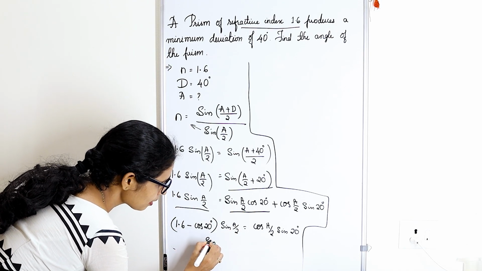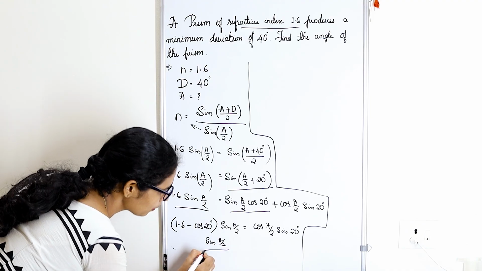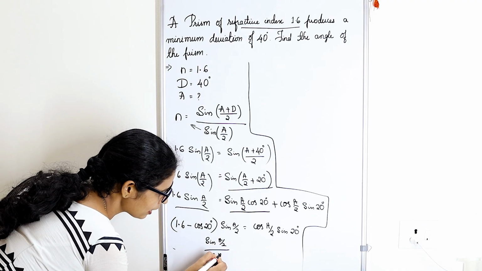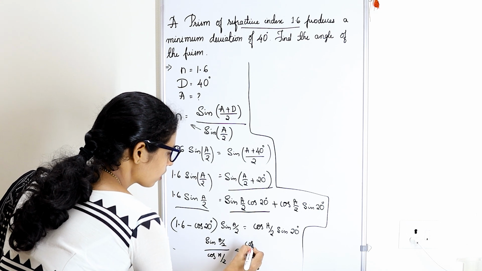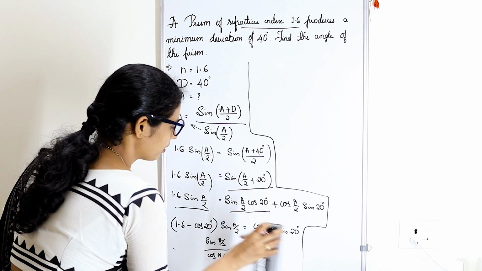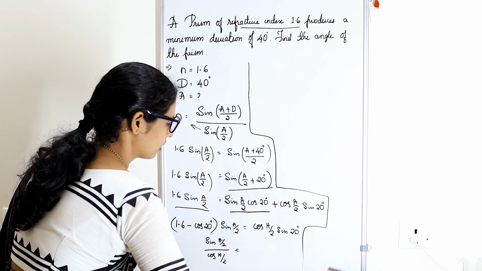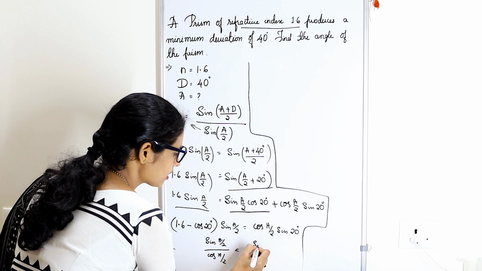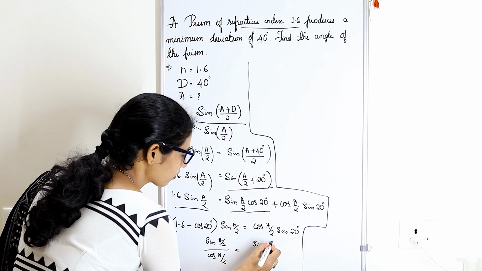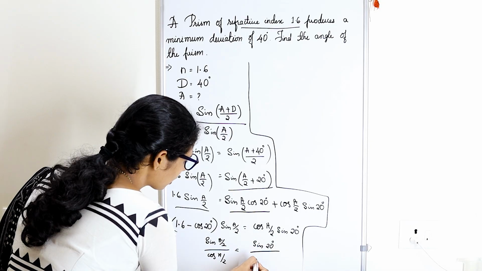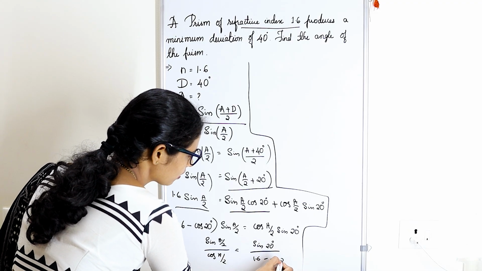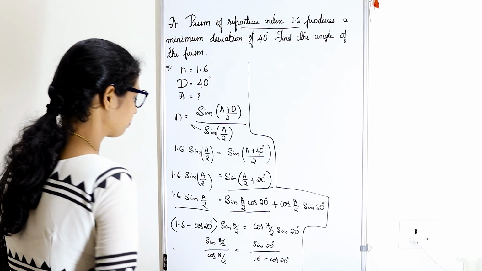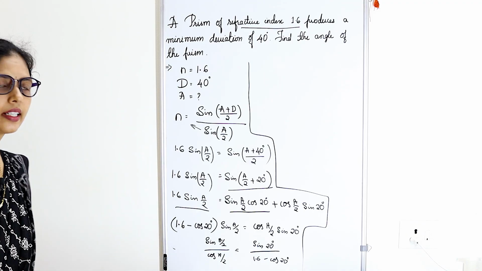So here it becomes sin A by 2 divided by cos A by 2, which equals sin 20 degree divided by 1.6 minus cos 20 degree. Okay, right.